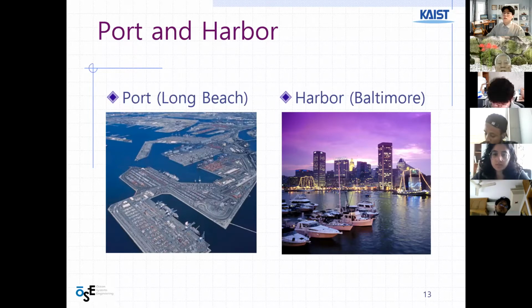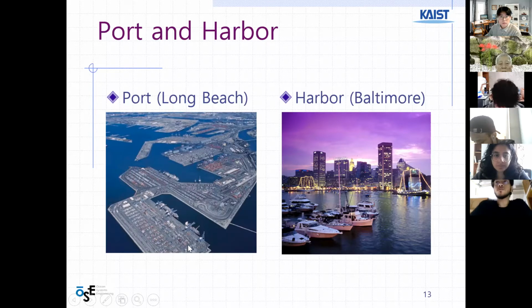On the left-hand side, this is the Long Beach port of Los Angeles of the United States. And this is a very big port, so that you can see there are ships along the extended area, and this looks like a parking area, right?